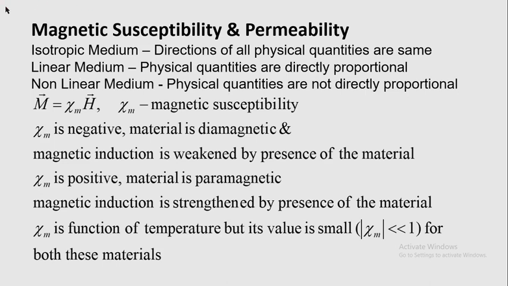I already mentioned last time that H can be written as N into I, where N is the number of turns per unit length of the solenoid and I is the current. Normally we magnetize the material by using a solenoid and passing a current. So it entirely depends upon the external source. That's why H is a different physical quantity, which is everything external.